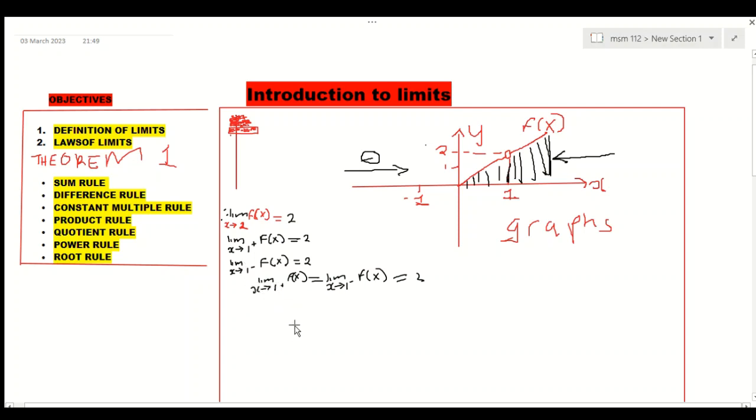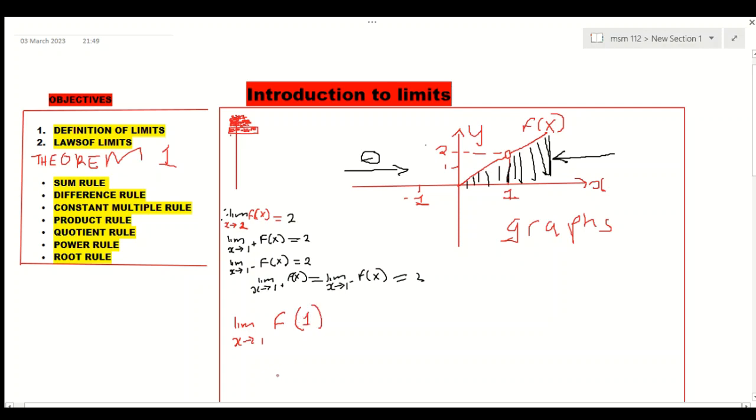Okay. So the other one, since we said limits are there to tell what happens to a particular function at a certain point, you might be asked to find the limit as x approaches 1 at f of 1.